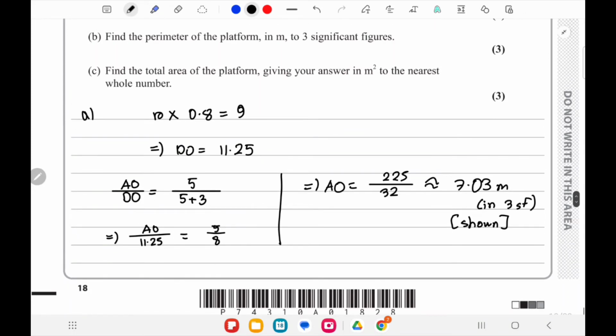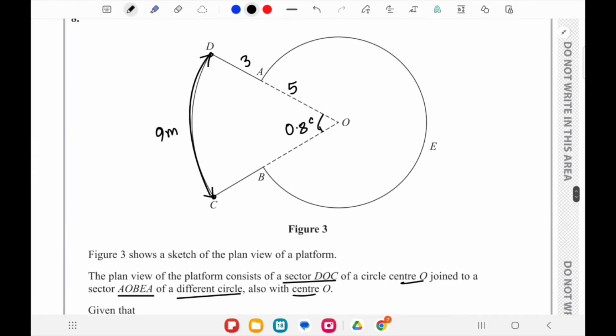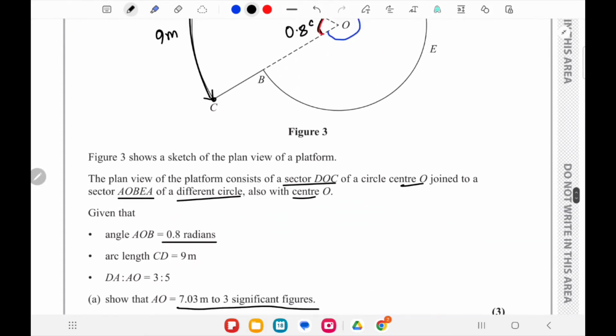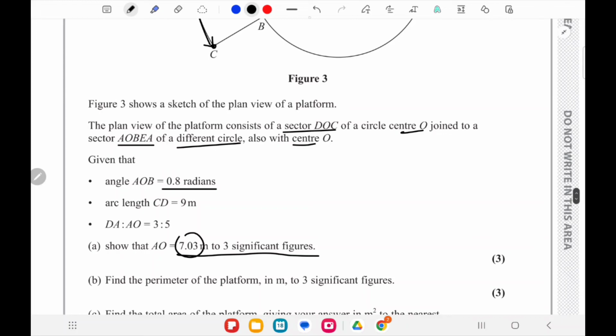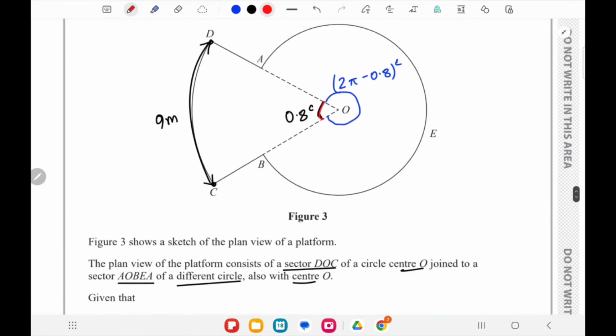Now part B, we have to find the perimeter of the platform. So if this is 0.8, this angle will be 2 pi minus 0.8 radians. And for this, the radius is 7.03. It's better to use the exact form, 225 by 32.